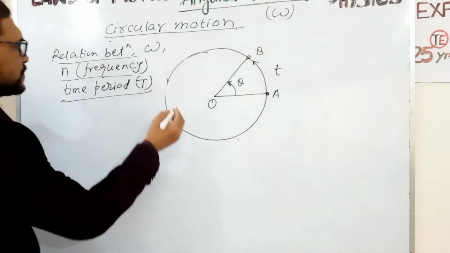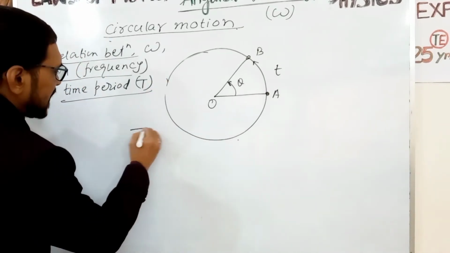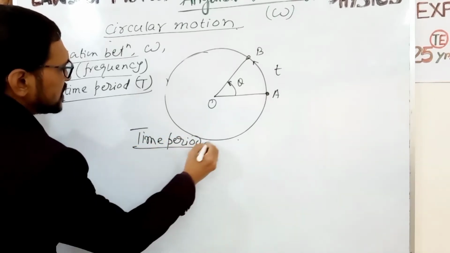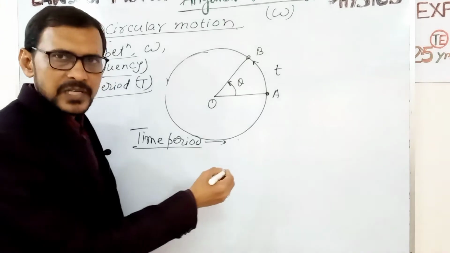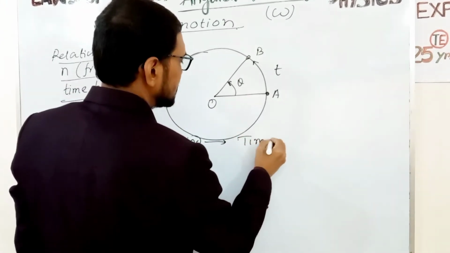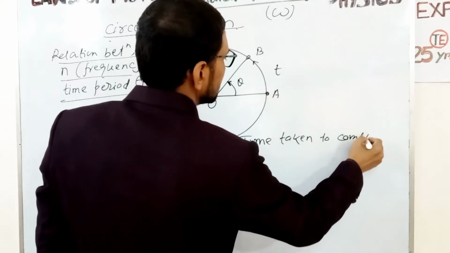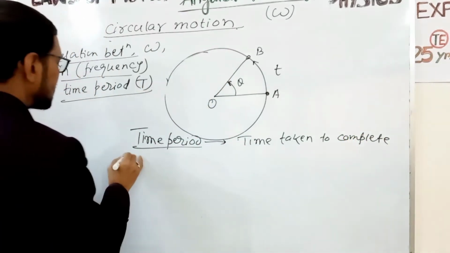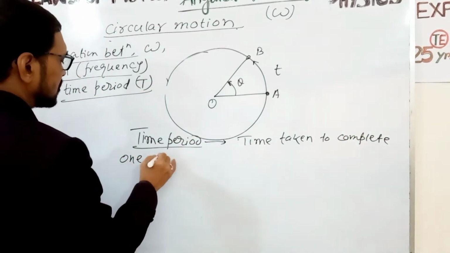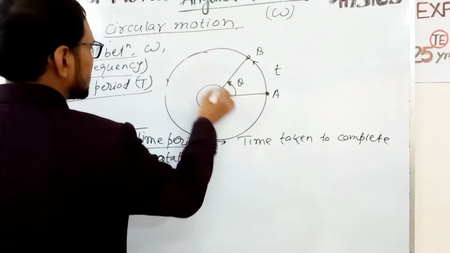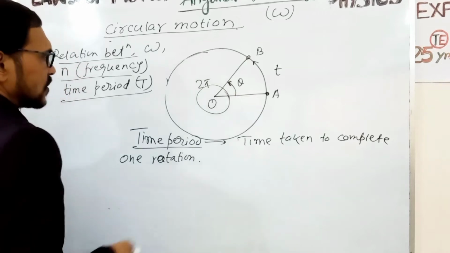Now what is time period? Time period means the time taken to complete one rotation. So one rotation means what? What is the angle?